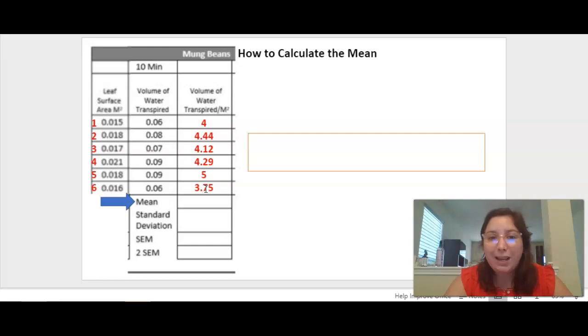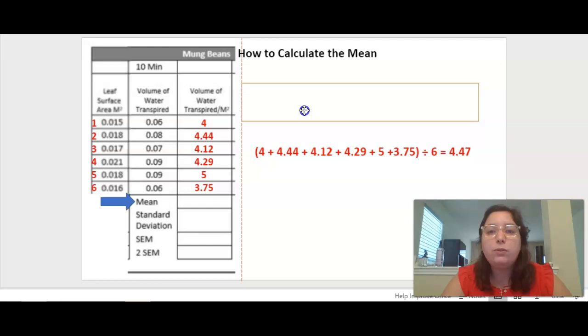And we're going to divide it by the number of samples. So this kind of looks like we're taking the average, right? And so when I do that, I'm going to add up all of our rates first, and then I'm going to divide it by the number of samples. The answer that I get, which is 4.47, is going to be our mean.